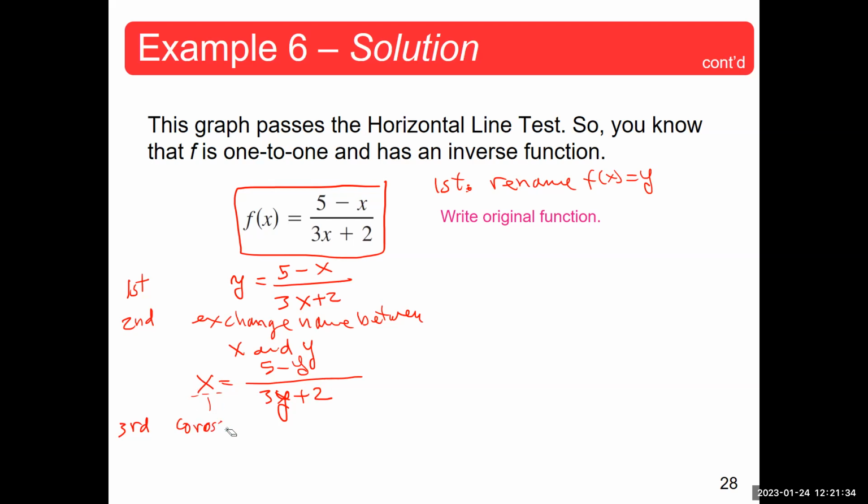Let's rewrite it. Product or multiplication. So what's going to happen? You're going to have x multiplied by 3y plus 2 equals 5 minus y.